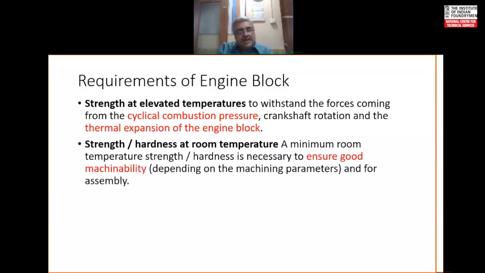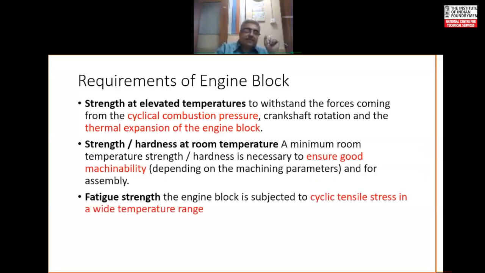You need strength and hardness at room temperatures for handling of the casting, as well as to ensure good machinability and for the assembly. You need good fatigue strength for the material because, as I said earlier, of cyclic tensile stresses over a wide temperature range.